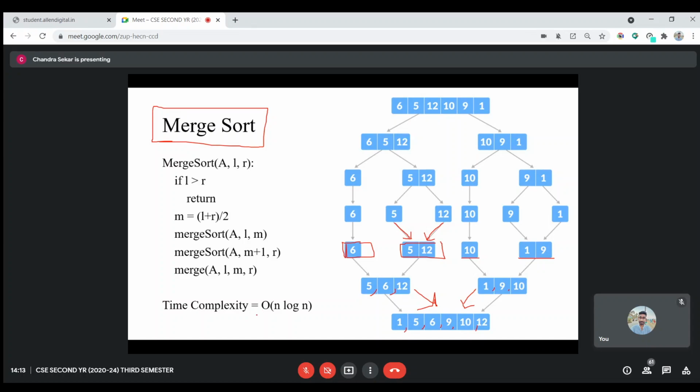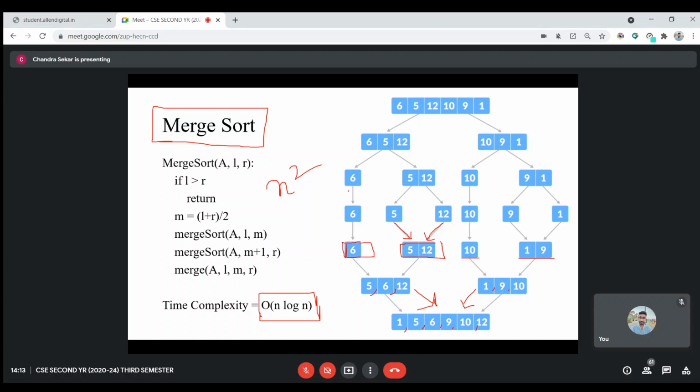The time complexity of the merge sort is order of n log n. Whereas if you consider the general sorting algorithms, they are of the order of n square.